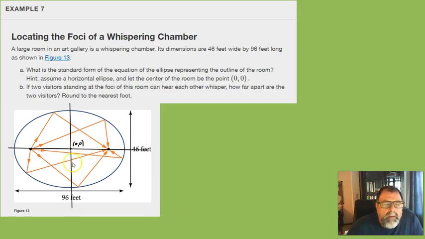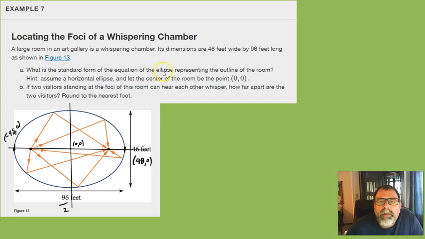And now if this distance from here to here is 96 feet, then you can figure out that that vertex is going to be half of that. So 96 divided by 2 would be 48. 48, 0. This would be negative 48, 0. Okay.